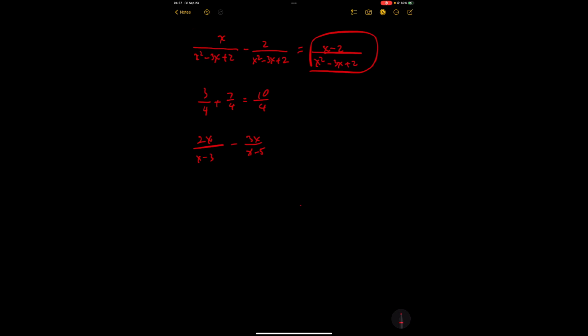So what can we do in this case? When you have two different denominators, you basically find what we call the LCM. LCM means the least common multiple.